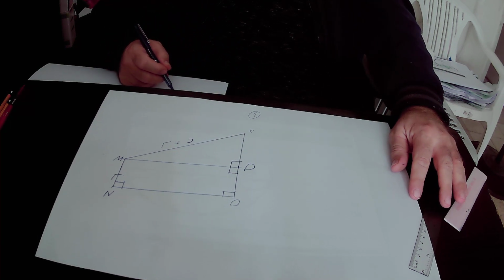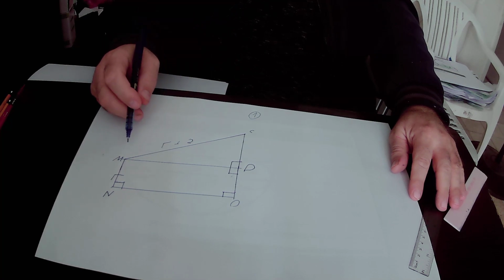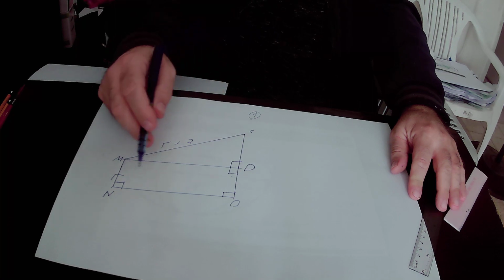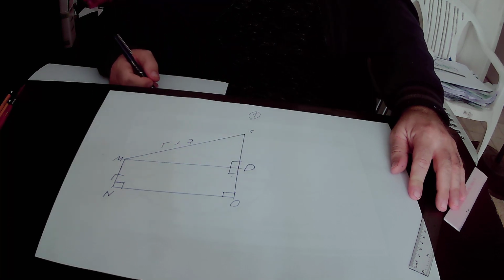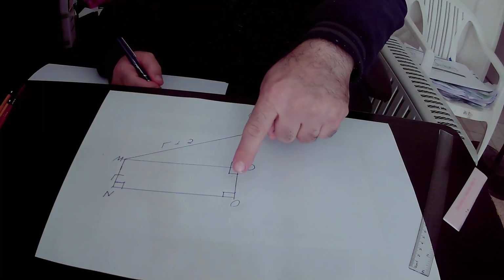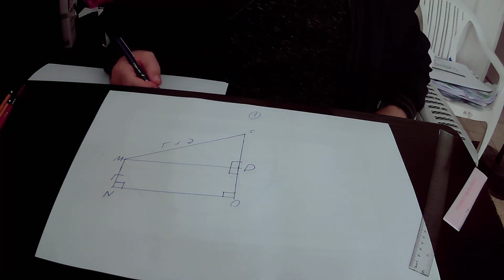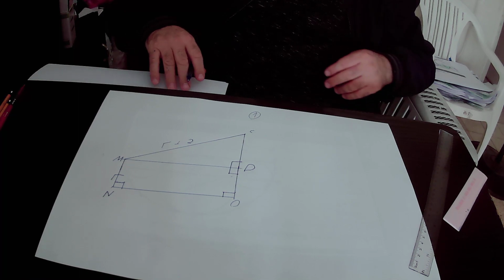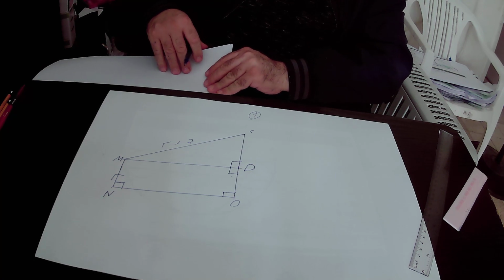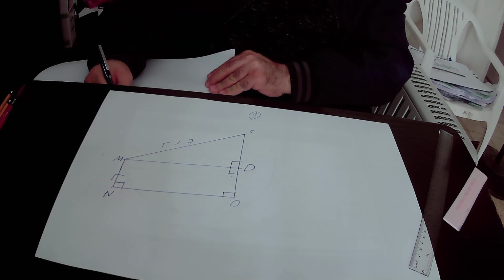If we focus on quadrilateral MDNO, we have in this quadrilateral 3 right angles, 1, 2, 3. And we know that the sum of the angles in any quadrilateral equals 360 degrees.